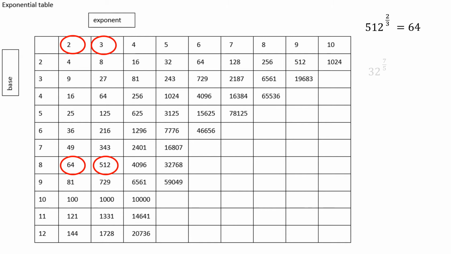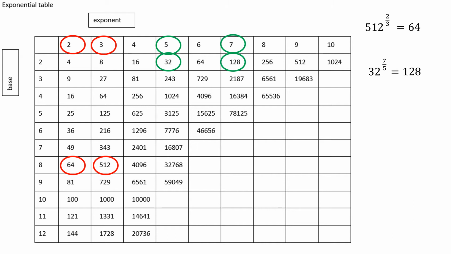Should we look at the other one? 32 to the 7/5 power. I just claimed that the answer should have been 128. Okay, so again, I'm going to look for the number 32 on the exponent table, making sure I pick a 32 that's underneath the 5, right? Because I have to take a fifth root.